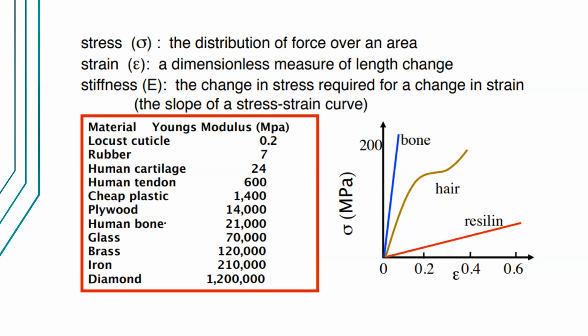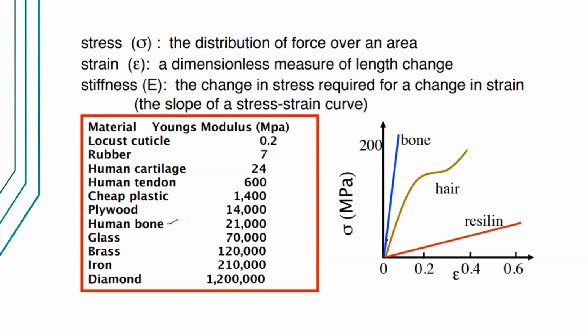The human bone, for example, is much stiffer compared to plywood, cheap plastic, and even the human tendon and cartilage. In this list, diamond has the greatest Young's modulus, meaning it's the stiffest.